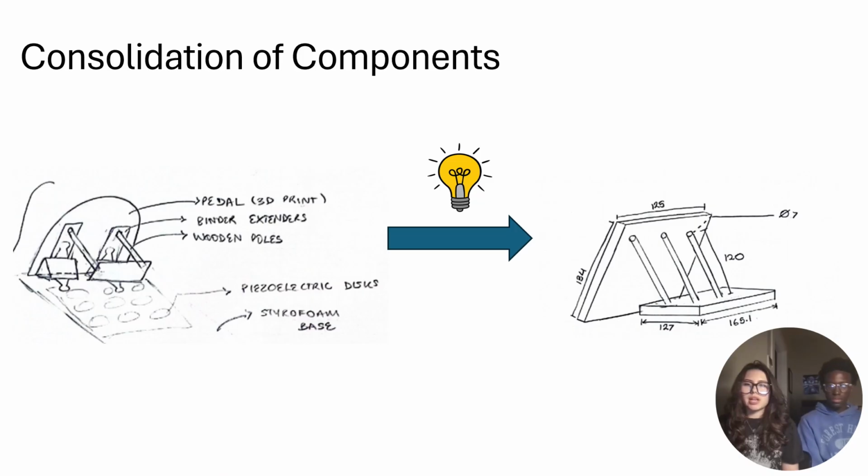As we started iterating, we realized that keeping the pressure applying mechanism separate from the pedal created stability and alignment issues. We had to consolidate the components in order to make it more efficient for building. Doing this helped us build it in time and make our deadline, which was mid-October, because we didn't have so many pieces to assemble.